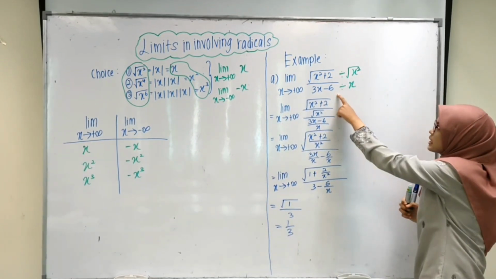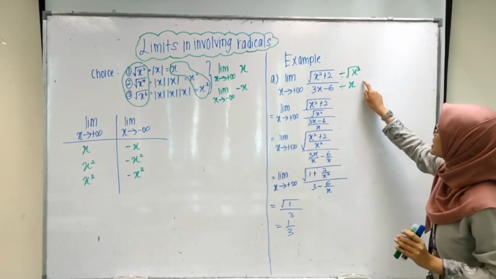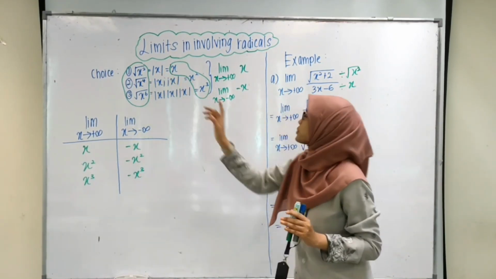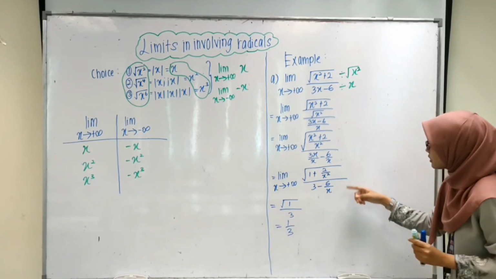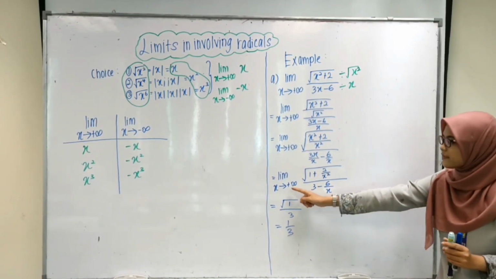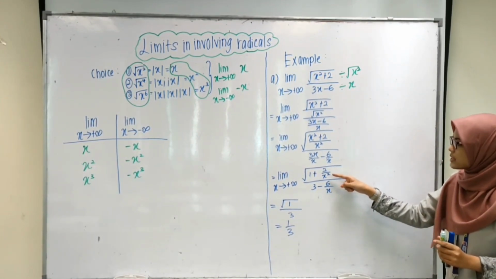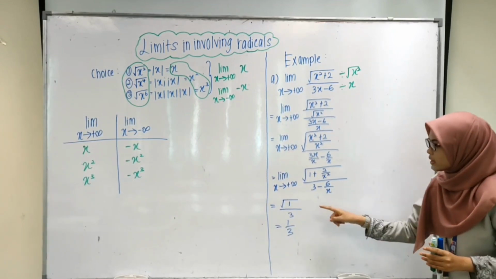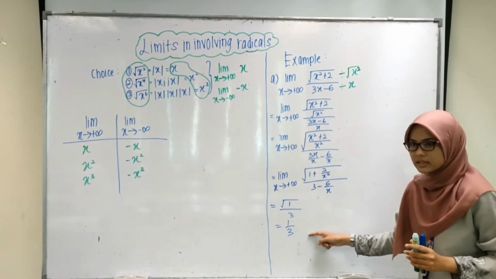Because here we can see they don't have a square root. But we can still divide by x because this is still the same pattern. So when we simplify and substitute positive infinity, 2 over infinity we get 0. So when we simplify, we get the answer 1 over 3.